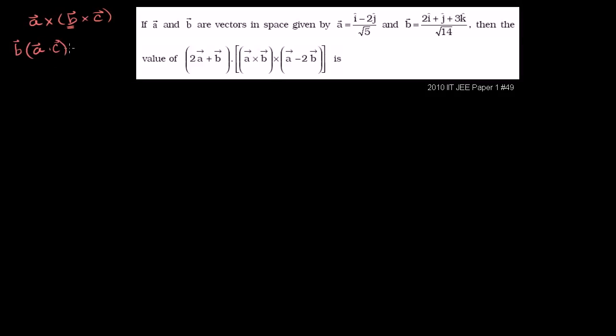So you take the first vector here, so it'll be B scaled by A dot C, minus the second vector in that second cross product, C times A dot B.